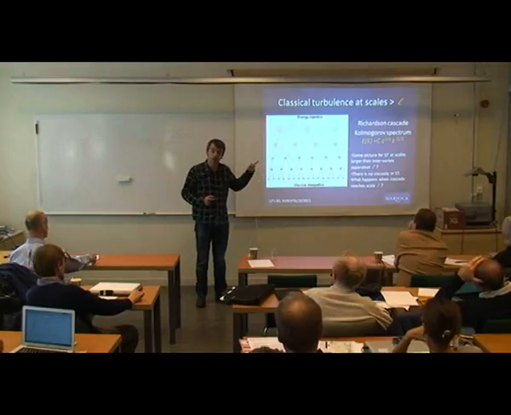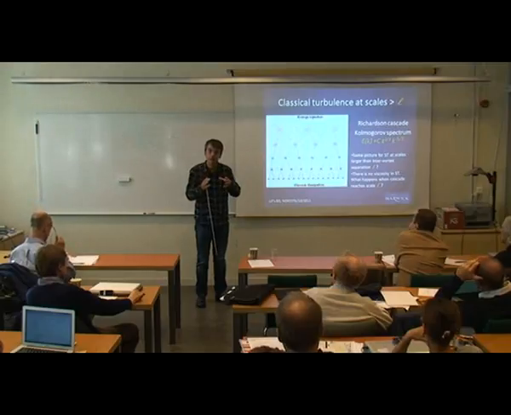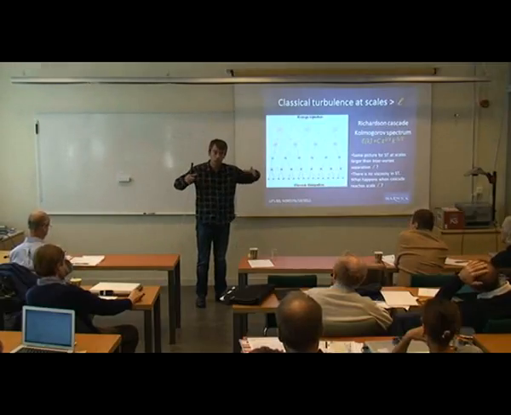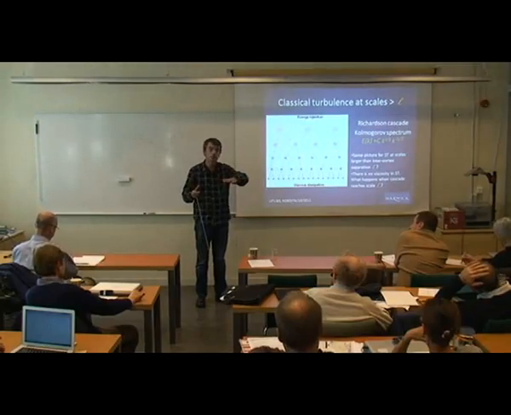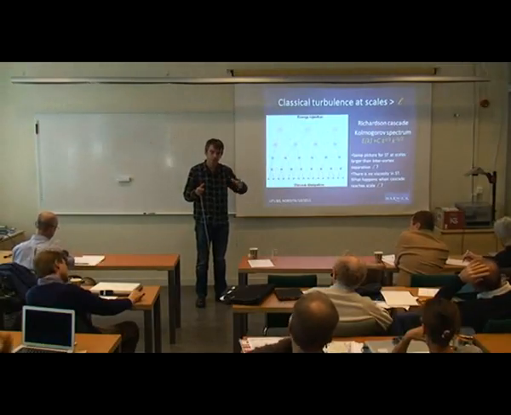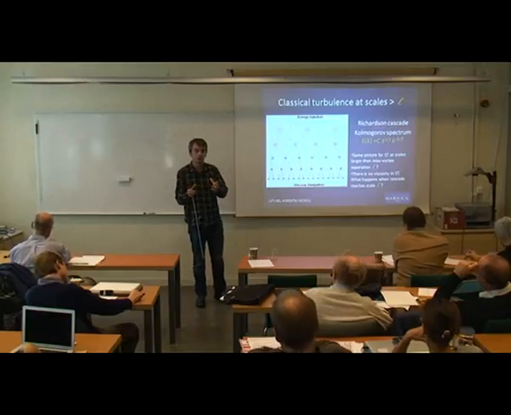Like on the first slide, you saw it's a vortex tangle, but it's not just random spaghetti, they're kind of polarized. So when you take a large scale, this average vorticity is not zero normally. It's like a vortex bundle, right?